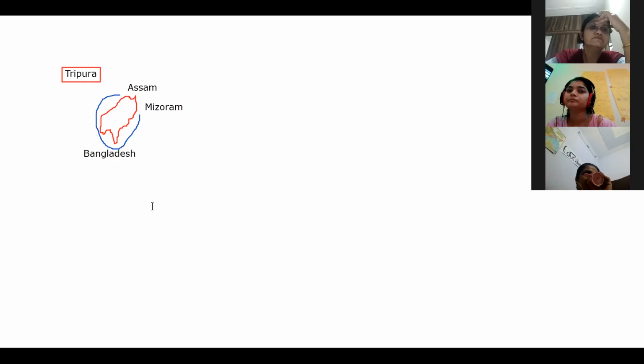So it means the state of Tripura shares its border with two states of India, that is Assam and Mizoram, and its major border is shared with Bangladesh.